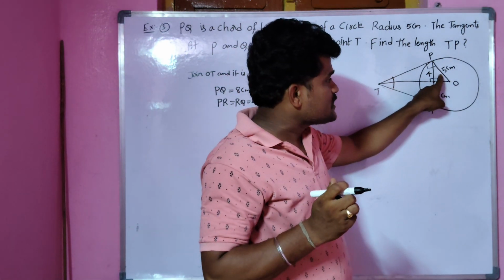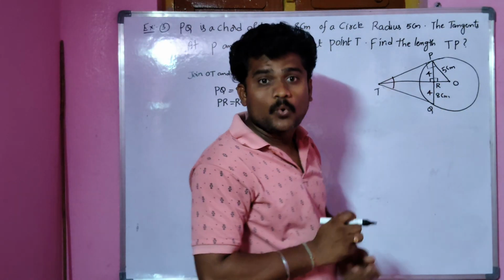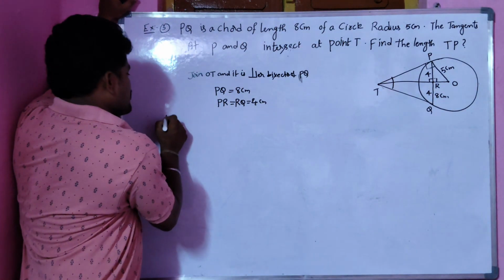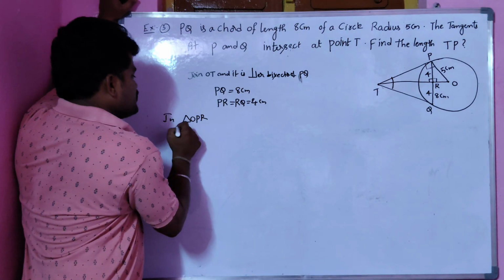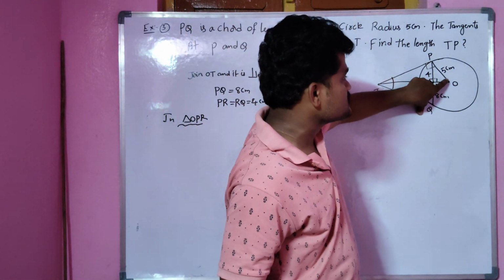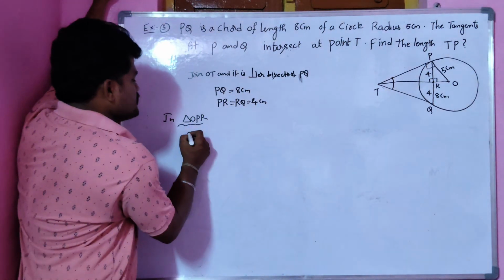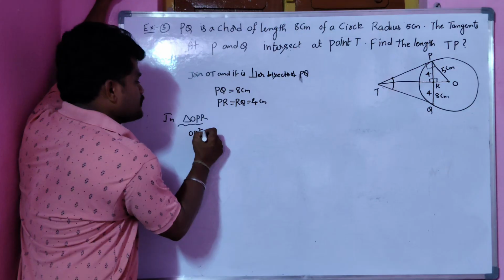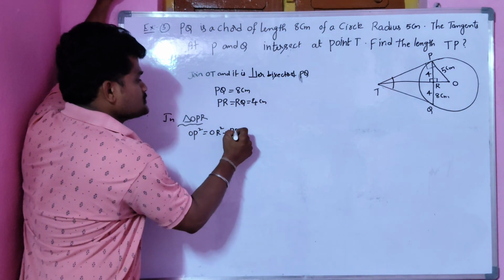First I will take the first right angle triangle. This right angle triangle is OPR. So in triangle OPR, I will apply Pythagoras theorem. Here we have 90 degrees. Its opposite side is OP. OP is the hypotenuse. Then applying Pythagoras theorem, we have OP square is equal to OR square plus PR square.